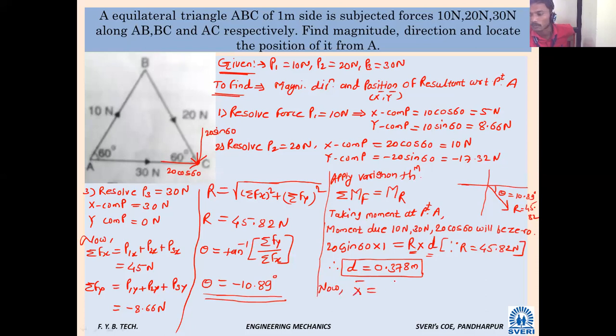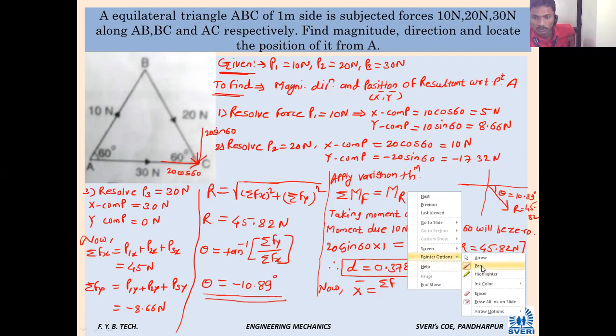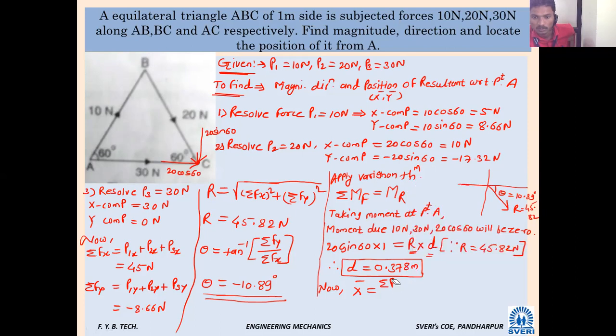Remember this formula: x bar is equal to the summation of moments due to all the forces about point A, divided by the summation of Fy. Actually there is a derivation for this, so remember this formula.